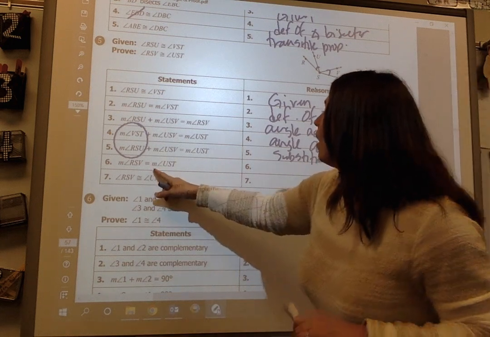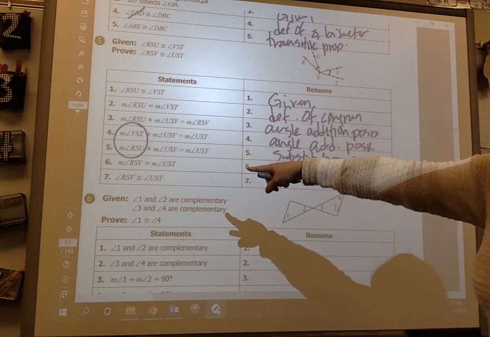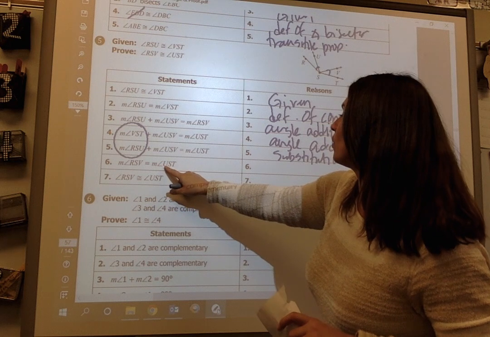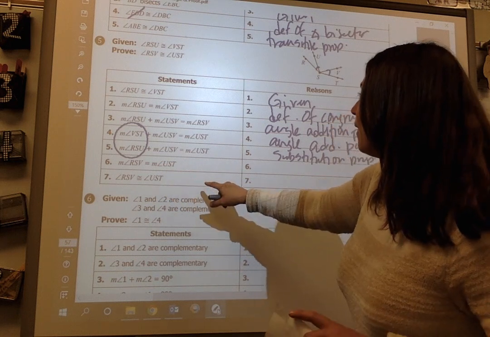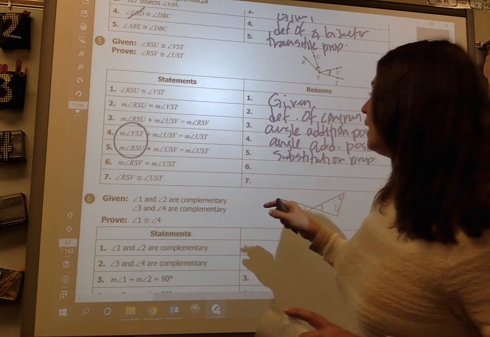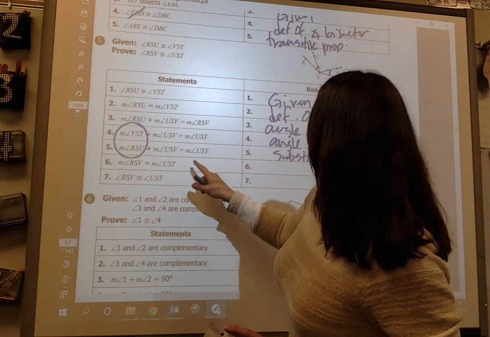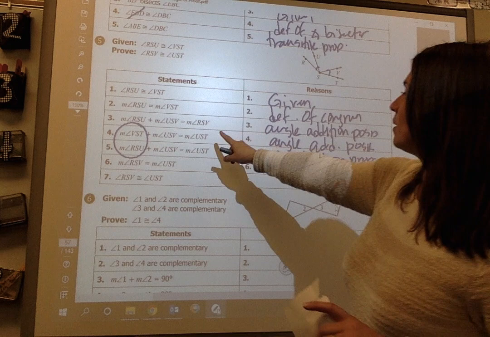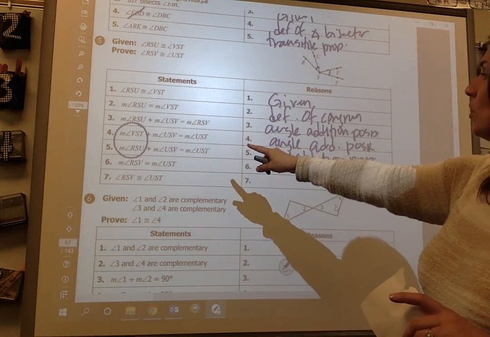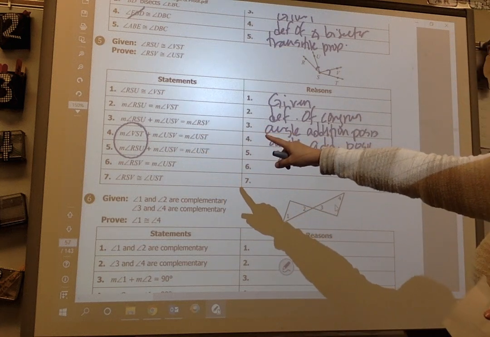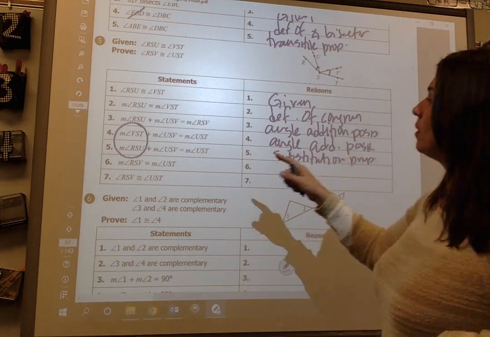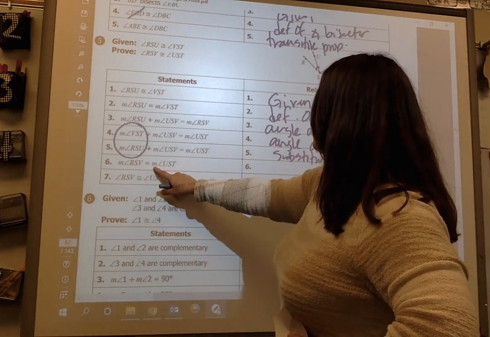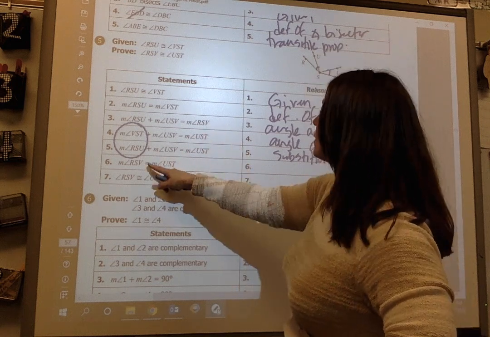And now number 6 is going to be angle RSV is congruent to angle UST, and that is going to be, no, that's not transitive statement. Yes, it is. Hang on, I know you probably catch it at home. Oh, yeah, duh, transitive, sorry.